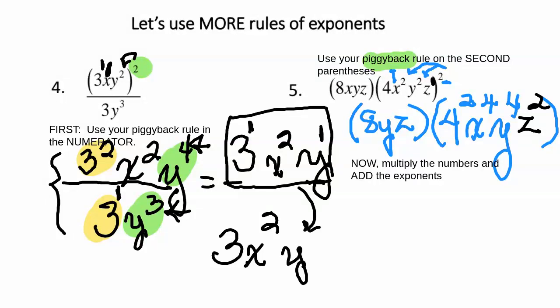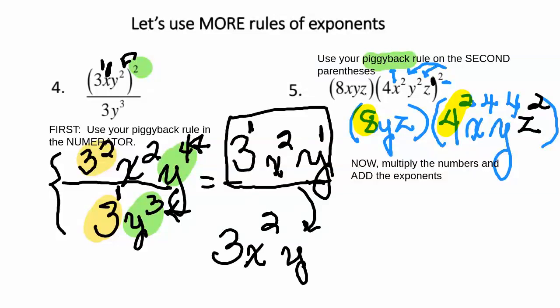Now you got to be careful here. This 8 is multiplying by 4 squared. That is saying 8 times 16.